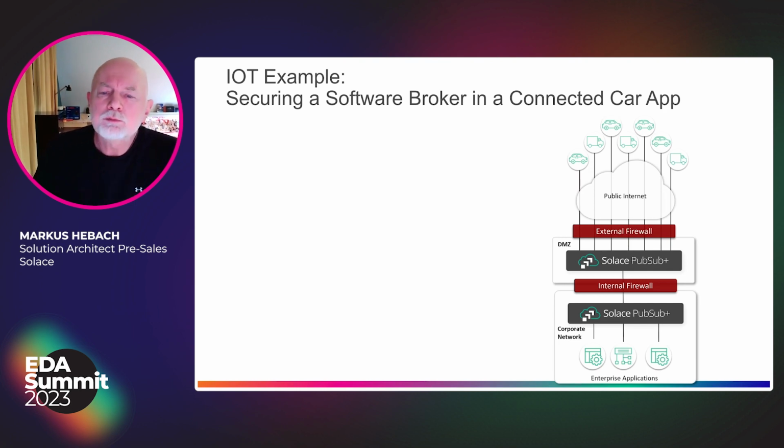Cars send sensor data to a backend, and enterprise applications process it and then send it back, or route it to an app, an iPhone app, or something like that, or just process the data in terms of analytics or things like that.